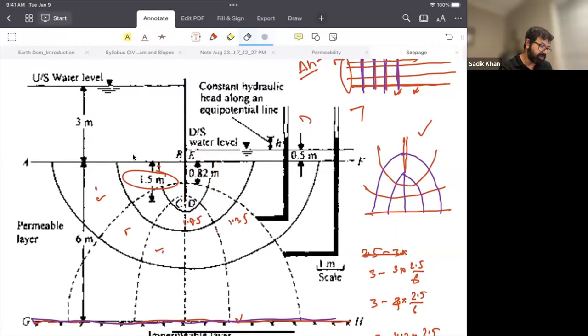Yes, so in this one, what is the length? 0.82 they calculated, which is the length, right? How do you calculate this length? You need to use a scale, and then you need to calculate using this scale.